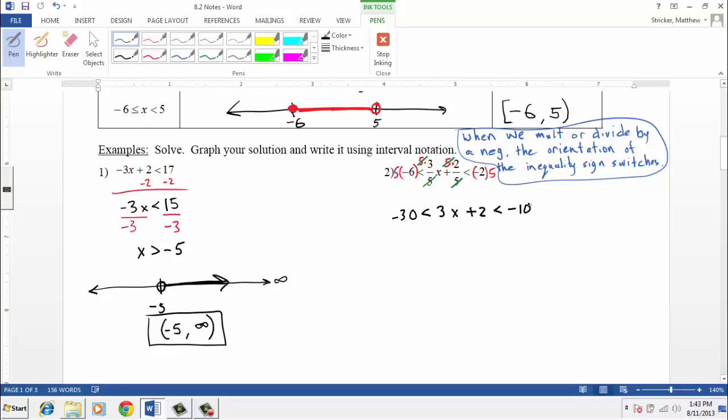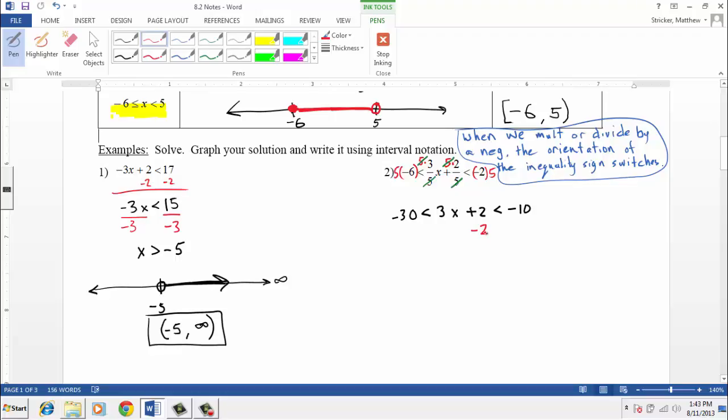Now, this is what we call a double inequality. We have to get the x by itself in the middle. In other words, we have to make it look like this example we did just a little while ago. Well, in order to do that, the very first thing I'm going to need to do is subtract 2.